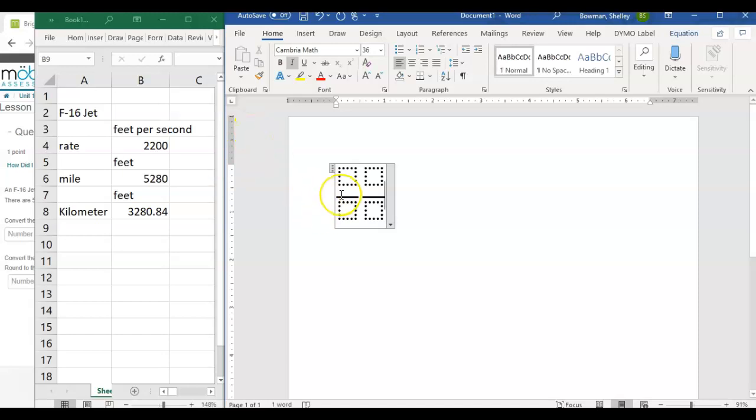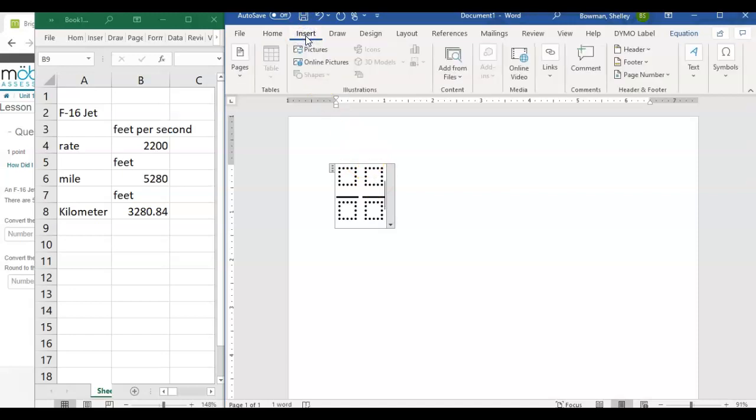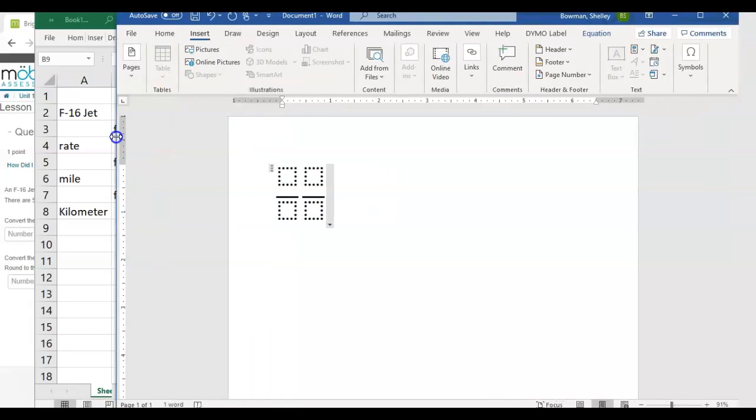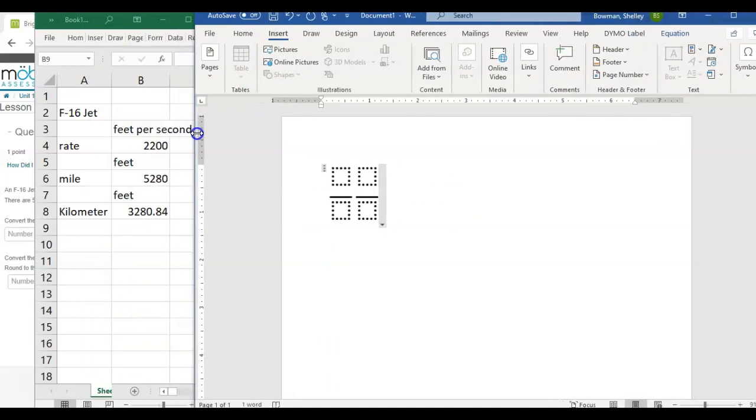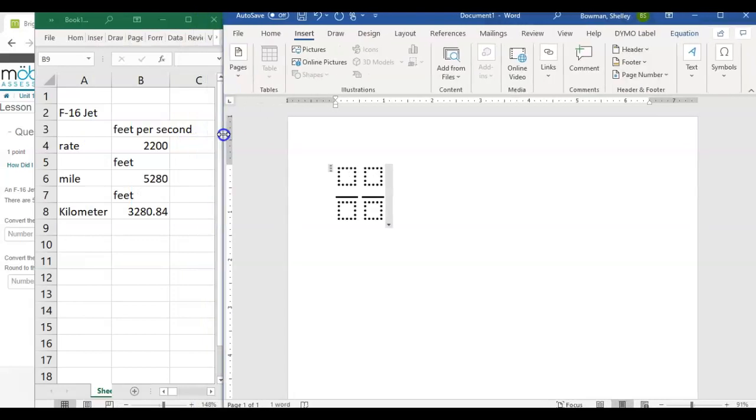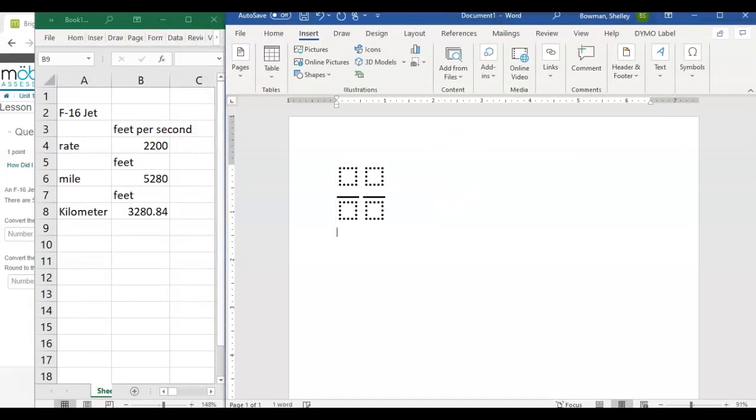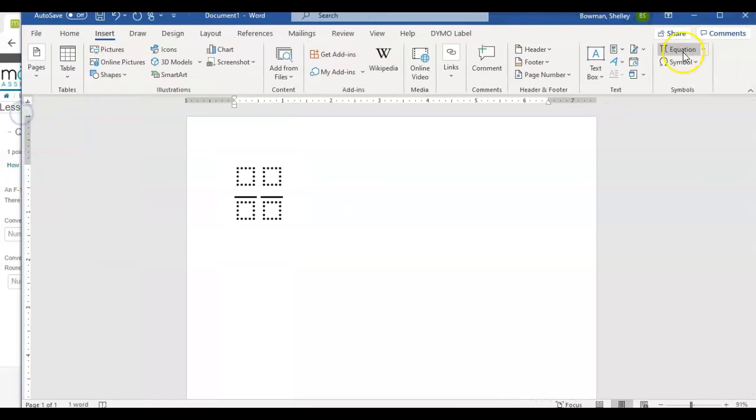So here I have my first fraction, and because it's easier for me in a digital format, I'm going to throw in a couple more. If you want to also do this in Word, which you're more than welcome to, you can go to Insert, and there's the equation button right there.